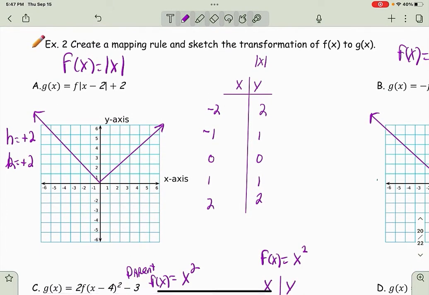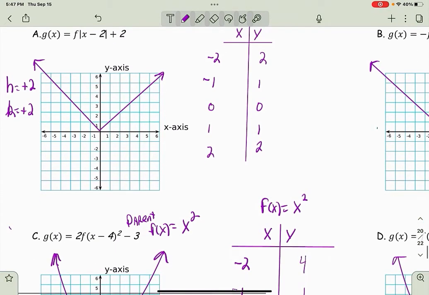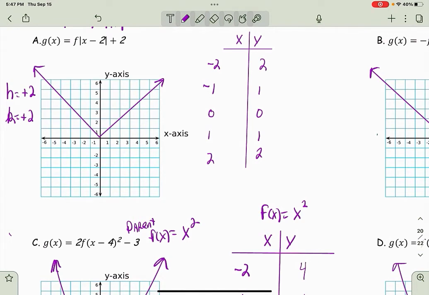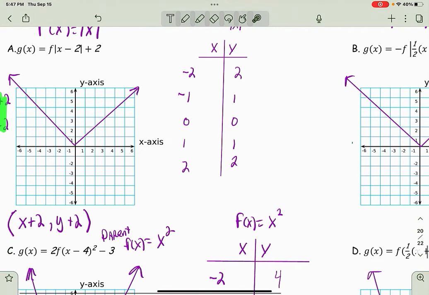So let's go ahead and graph these. So first thing we're going to do is make a formula with our points. So our transformation x will be x plus 2. Our transformation y is going to be y plus 2, and that's based on these here.